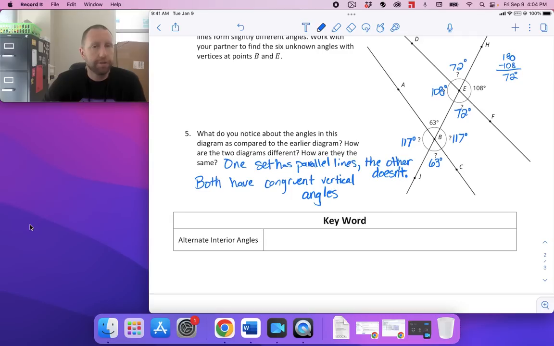So what we're going to introduce next is alternate interior angles. So there's the key word.